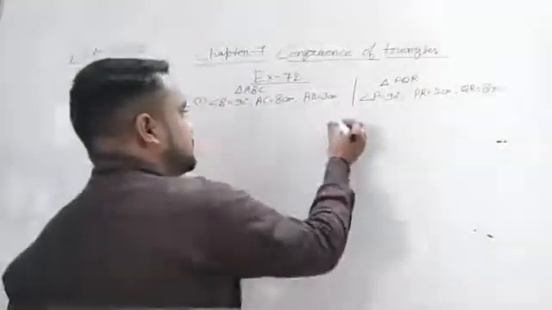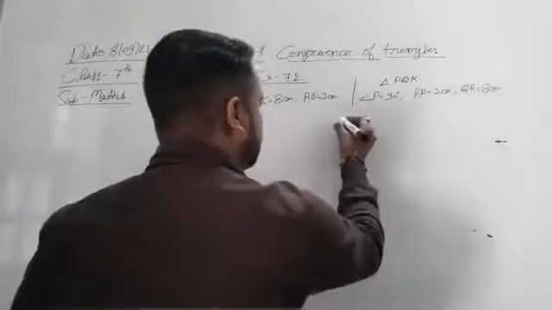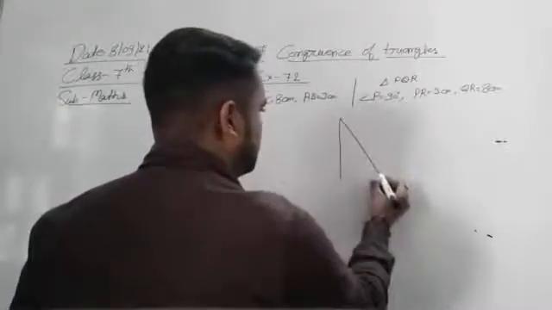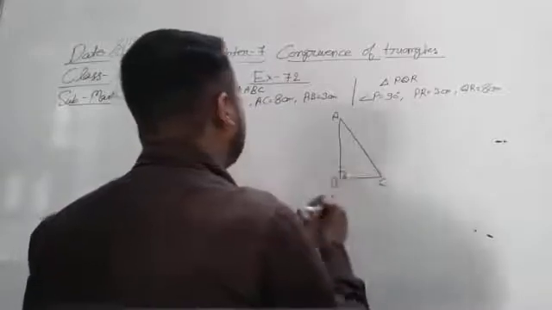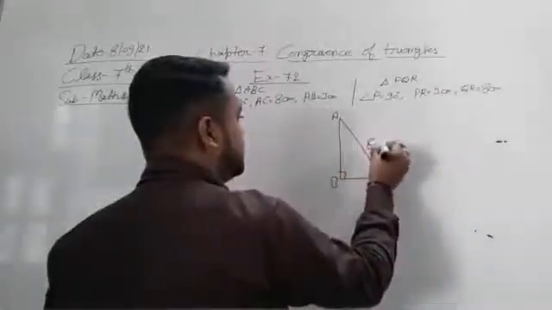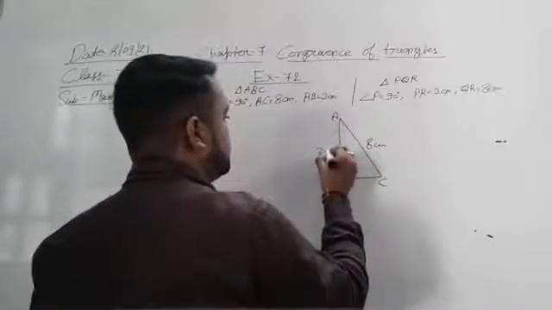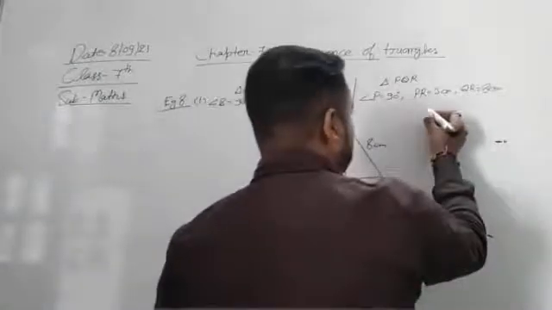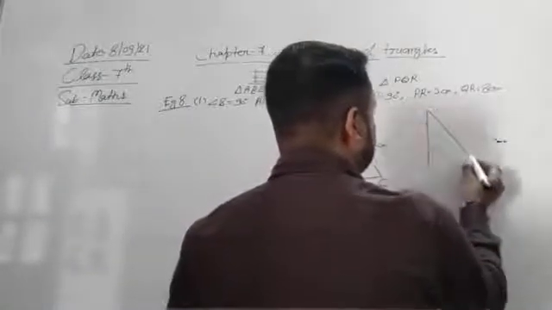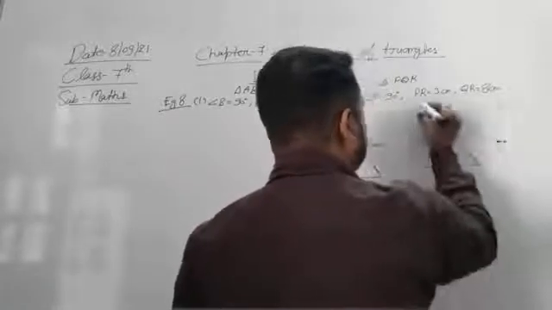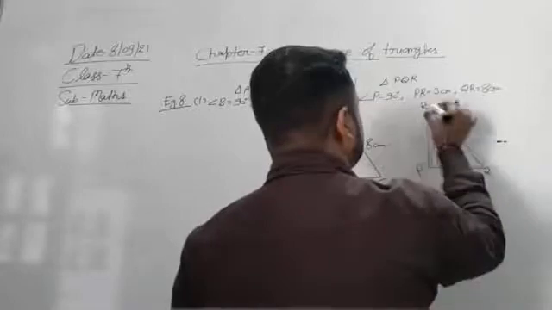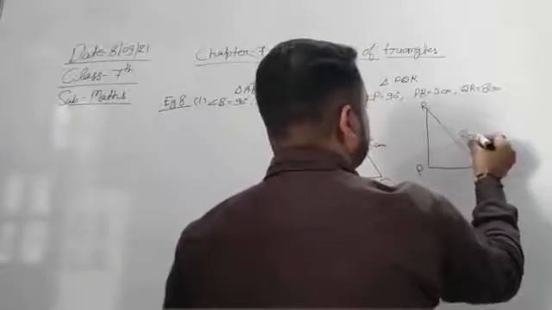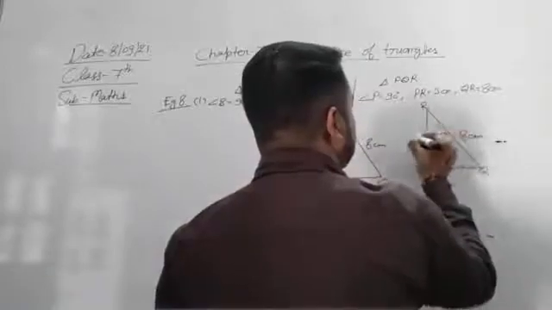Now we can make the triangles here. Triangle ABC, right angle at B, with AC of 8 centimeter and AB of 3 centimeter, and here triangle PQR, with QR of 8 centimeter, right angle at P, and PR of 3 centimeter.